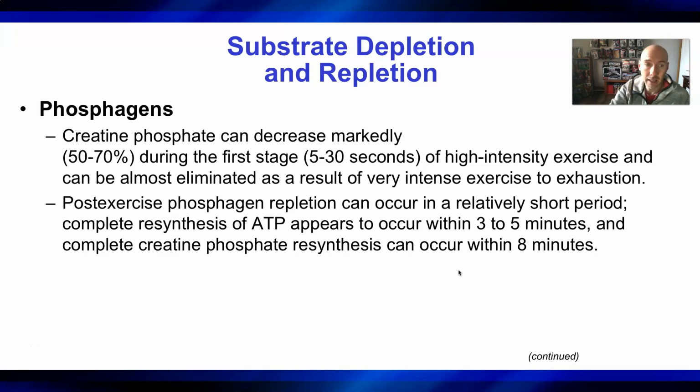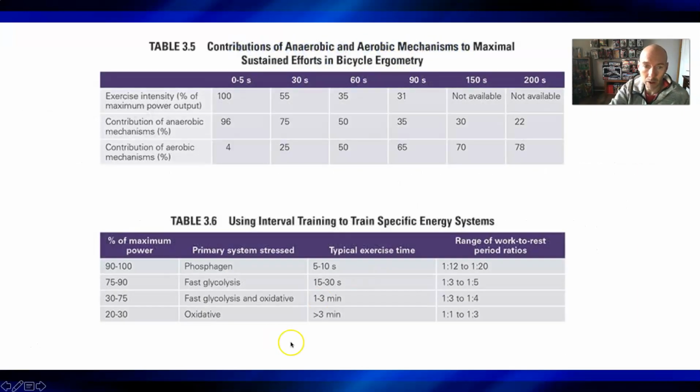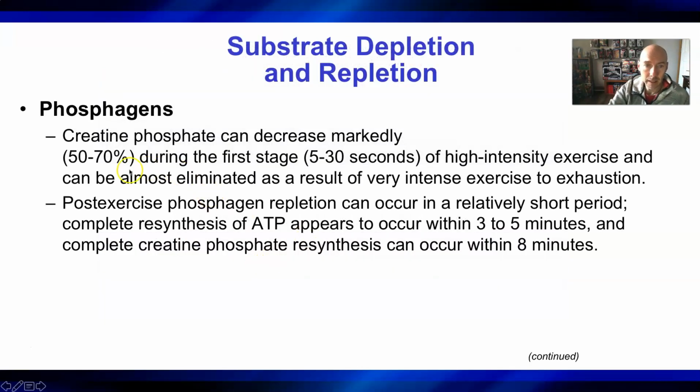We see that as we saw over here, our phosphagen system is depleted very rapidly. And it shows on this slide that 50 to 70% of our muscle phosphagens, creatine phosphate specifically, is depleted in 5 to 30 seconds, okay? However, it can recover pretty rapidly, okay?